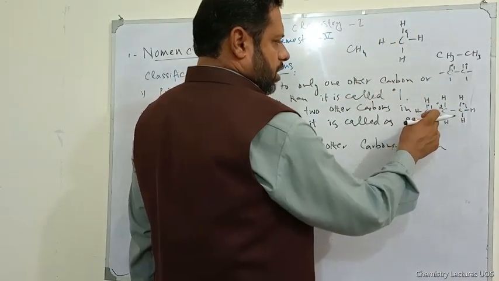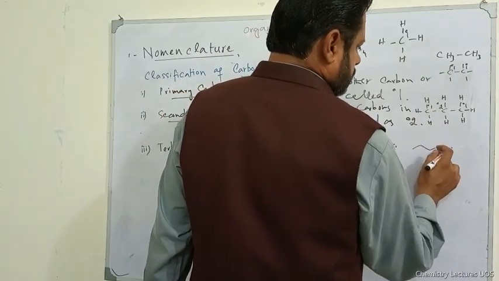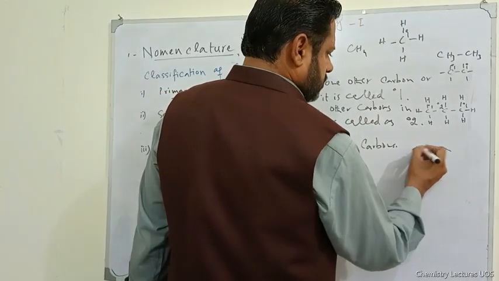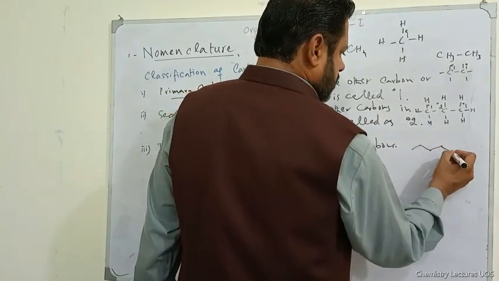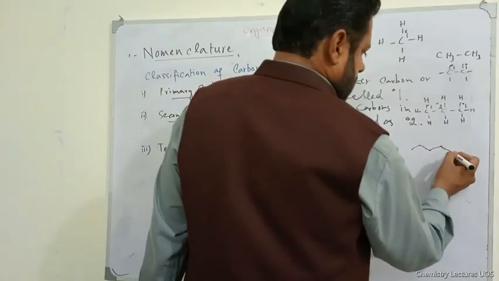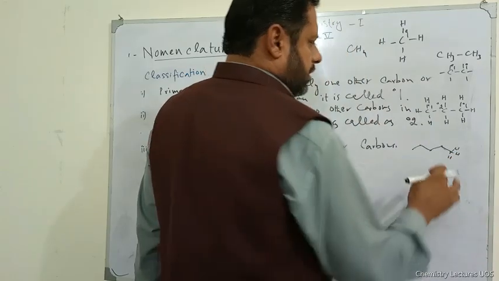This is the line structure, in which you use lines to draw the structure. In this line structure, every corner shows one carbon and you have to fulfill the hydrogens yourself. For example, this corner carbon must have 3 hydrogens. No need to write them here.